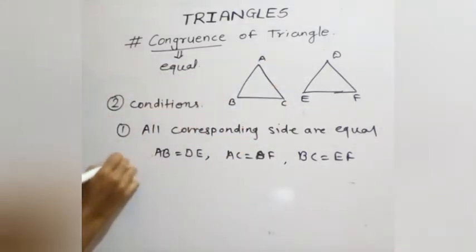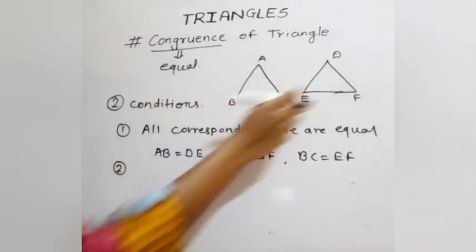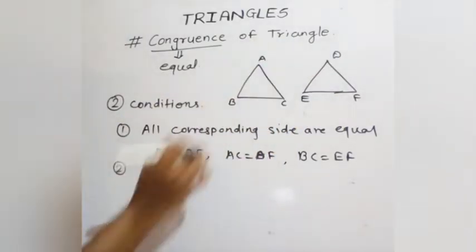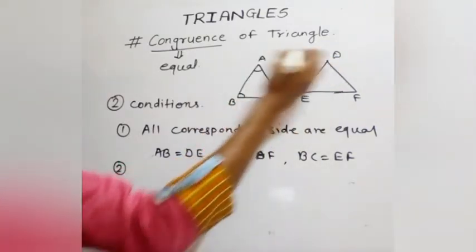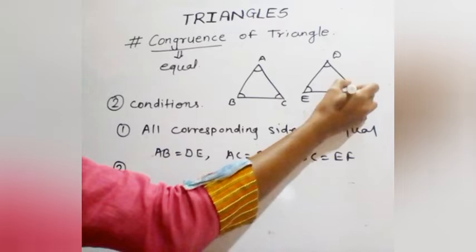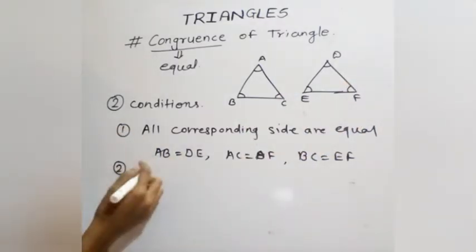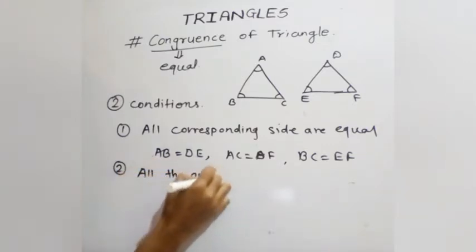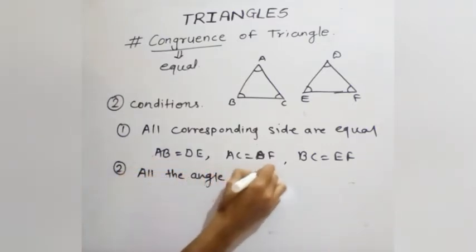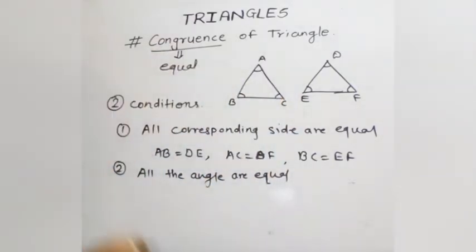So, second condition for congruency of triangle is all the angles of these triangles must be equal. So, we know three angles for this triangle and three angles for this triangle. So, second condition says all the angles must be equal. Then we can say both the triangles are congruent.